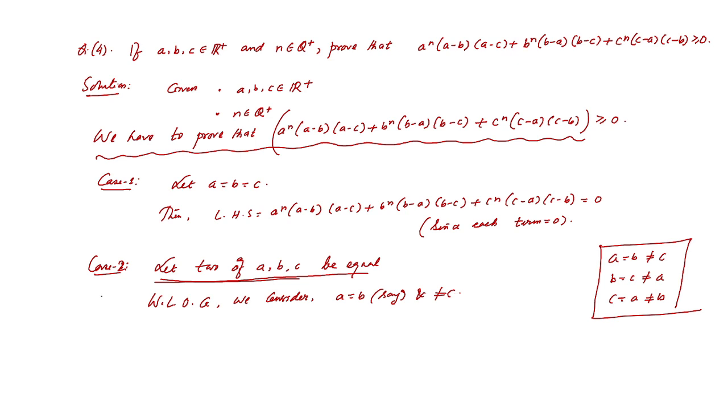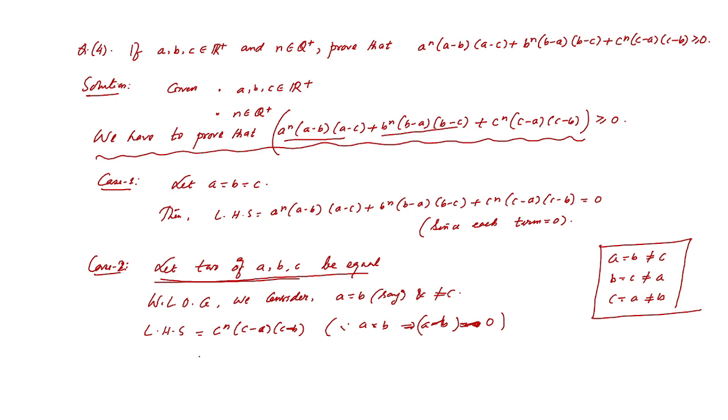So in this case, just observe the left hand side. The left hand side will be c to the power n multiplied by (c minus a)(c minus b). Why? Because a equals b, that implies a minus b is 0, and hence the other terms are 0. The remaining term will be c to the power n (c minus a)(c minus b).